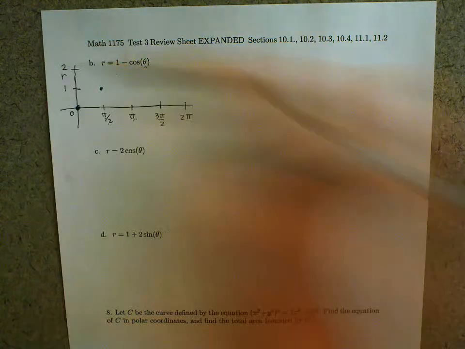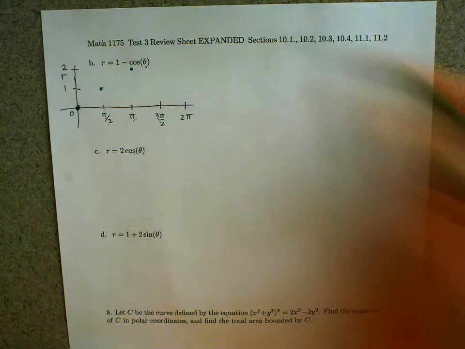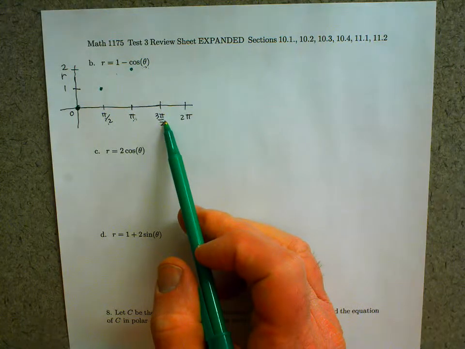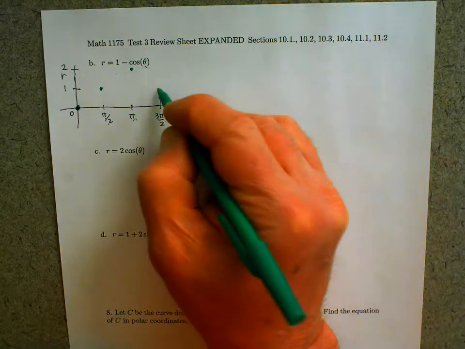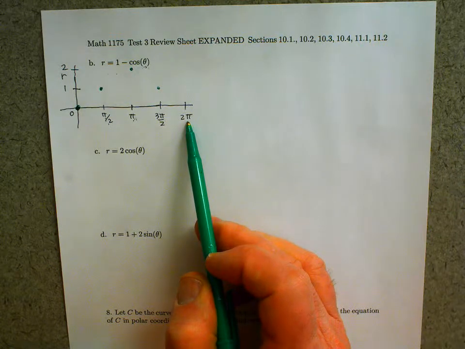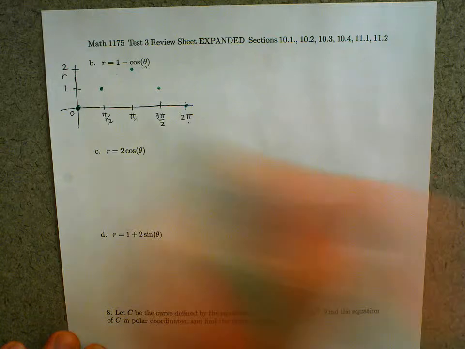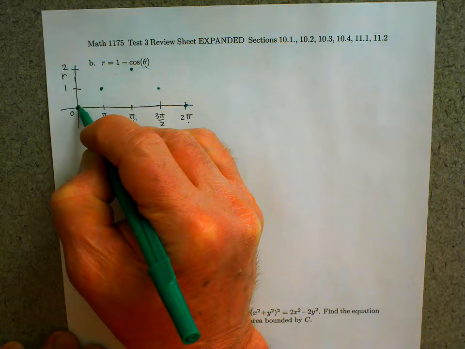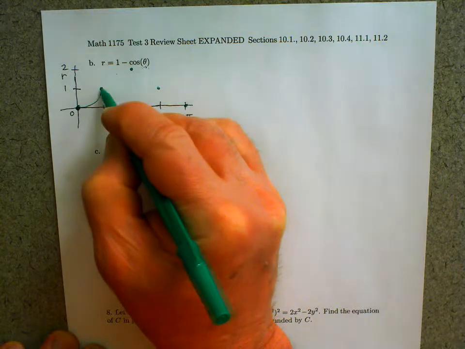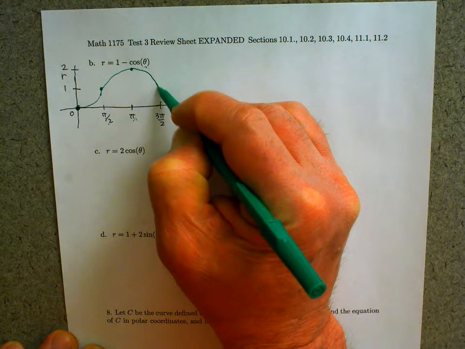So I have this value of 2. And at 3 pi over 2, cosine of 3 pi over 2 is 0. 1 minus 0 is 1. And then at 2 pi, cosine of 2 pi is 1. 1 minus 1 is 0. So the graph is going to look something like that.